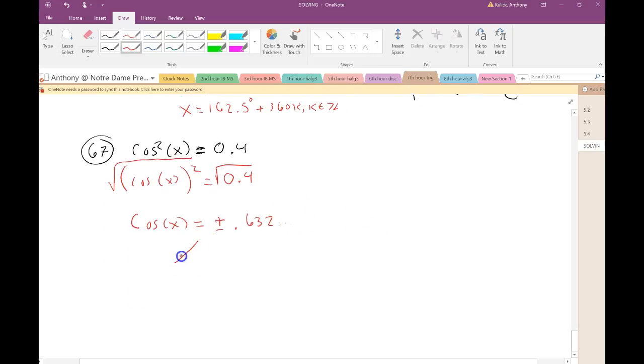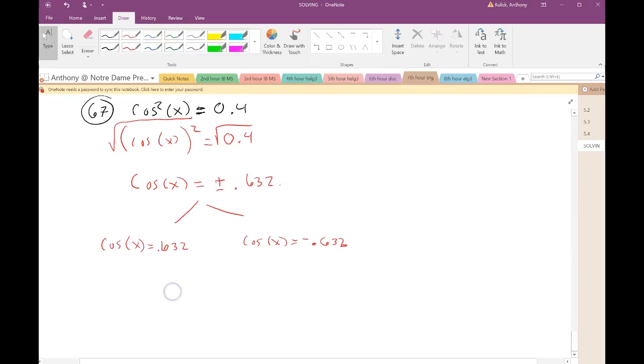So this now, to do the cosine inverse, I'm going to have to break up into two separate problems. One where I have cosine x equals positive 0.632, and one where cosine x equals negative 0.632. Everybody okay there?